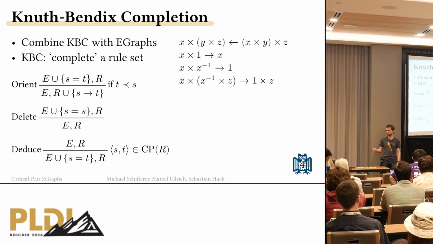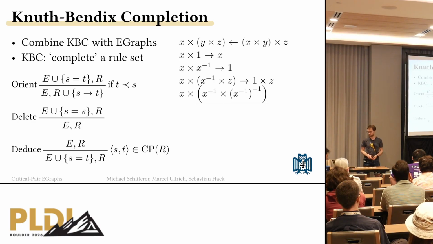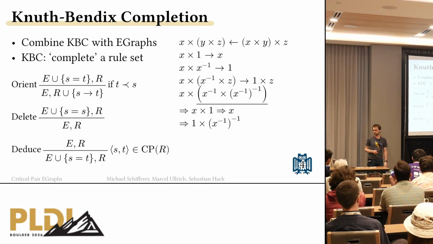We again form a critical pair, again with the cancellation rule. So on the right-hand side, we instantiated z with the inverse of x. Again, both rules apply. With the normal cancellation rule, the right-hand side cancels out to 1. So we have x times 1, which is the same as x.